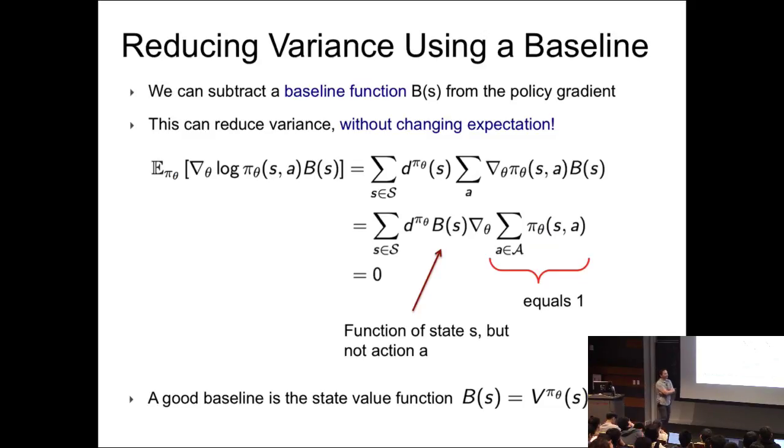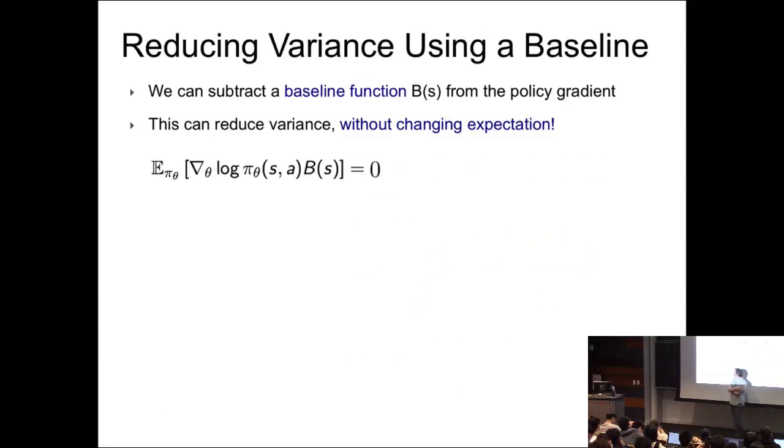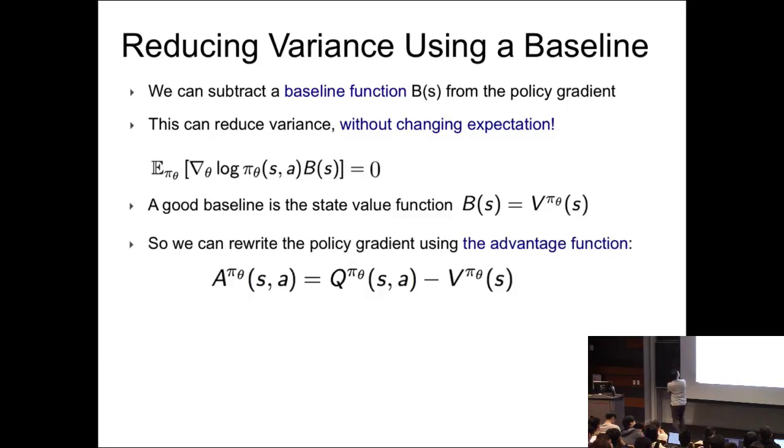Okay? So for example, a good baseline is the state value function. Right? The state value function doesn't depend on the action. So if I set the baseline to be the value of the state, I can rewrite the policy gradient using the advantage function. And we've seen the advantage function before, right? It's the Q minus the value of the state.